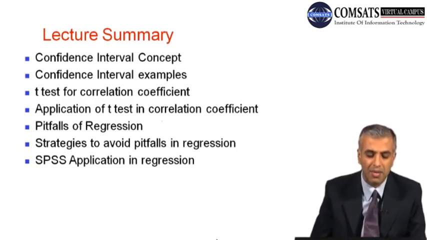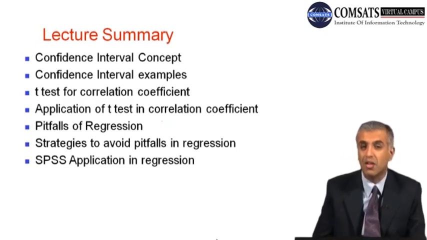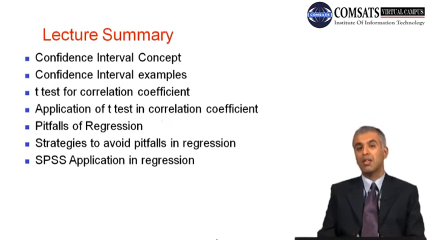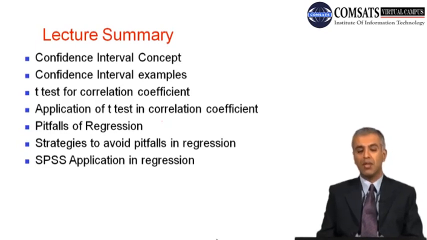Now if we get an anomaly reported in the regression, then we have to look for alternative options as well. There are other methods which can tackle that more effectively.